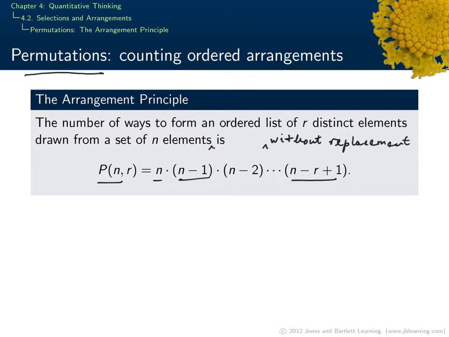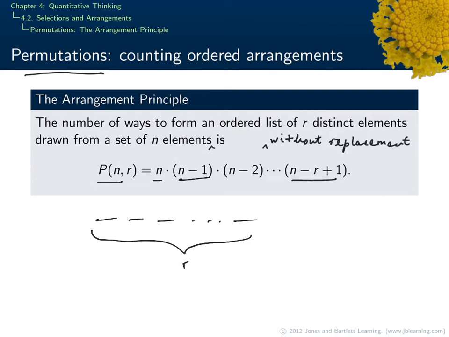Okay, so let's see if we can derive the formula for this P(n, r). You can imagine this as a problem where we have r slots to fill, and I'm going to fill these slots from my set that has n elements in it. I might as well fill the leftmost slot first.